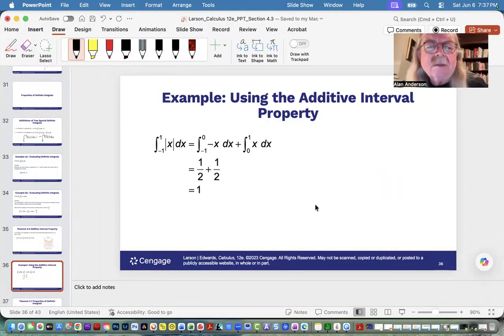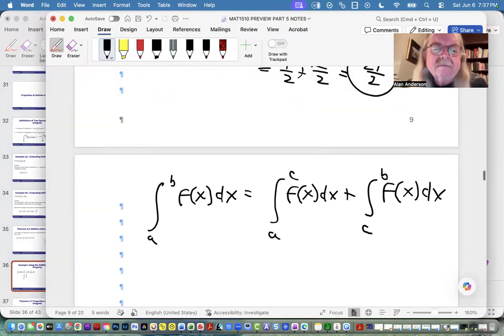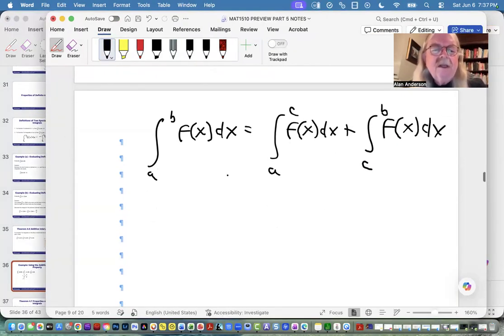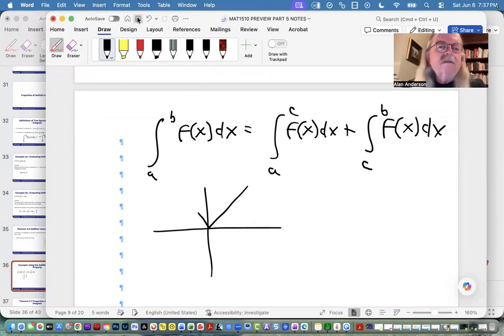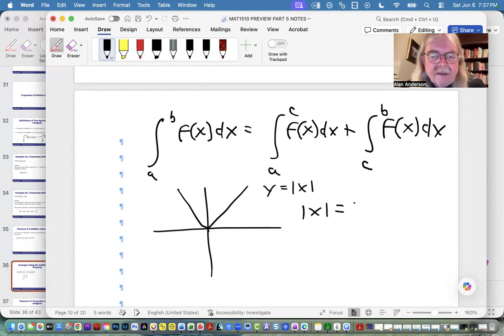Here's a good example of that: absolute value. Perfect example, because as you know, absolute value is a piecewise function. Its behavior is very different on either side of the vertical axis. In fact, it can be formally written like this.